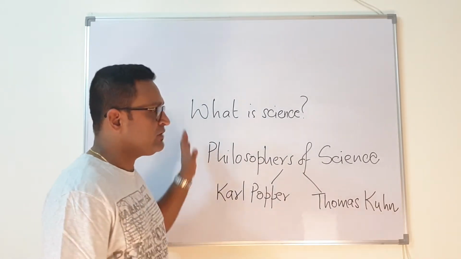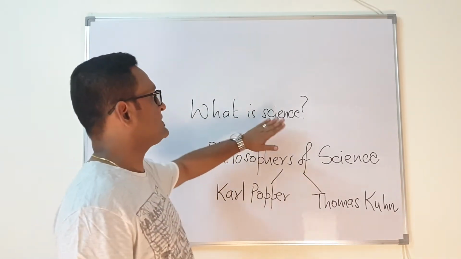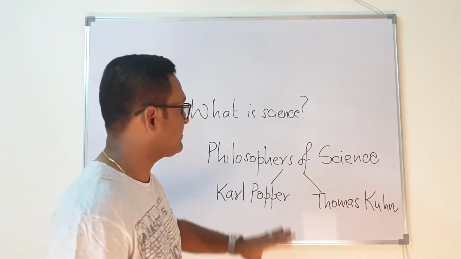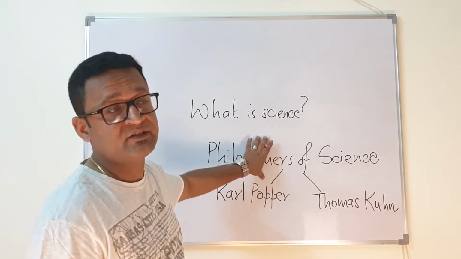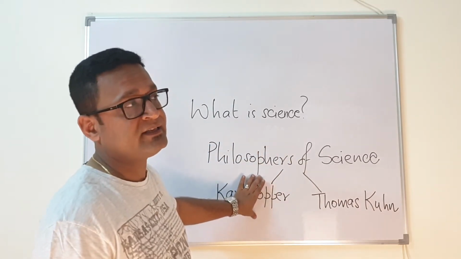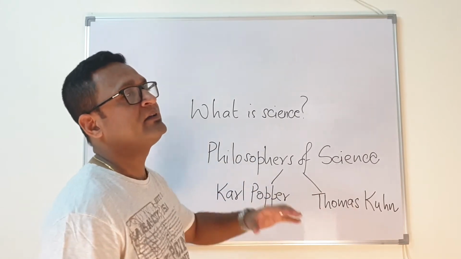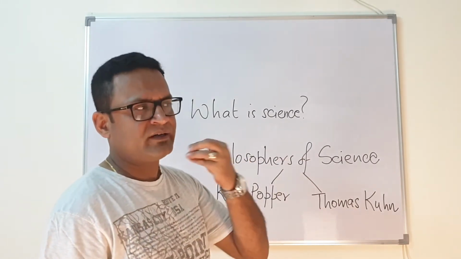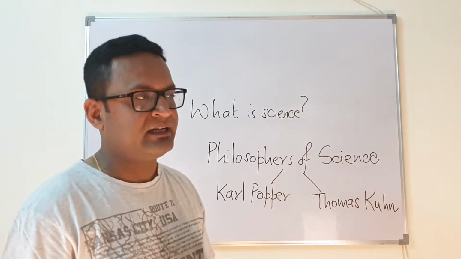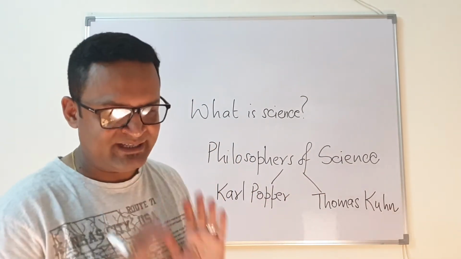So there is this "what is science" and the whole philosophical enterprise, then the most important philosophers of science, which we will deal with in the second part, and then in the third part some lesser-known but important theories. So the syllabus is pretty simple.